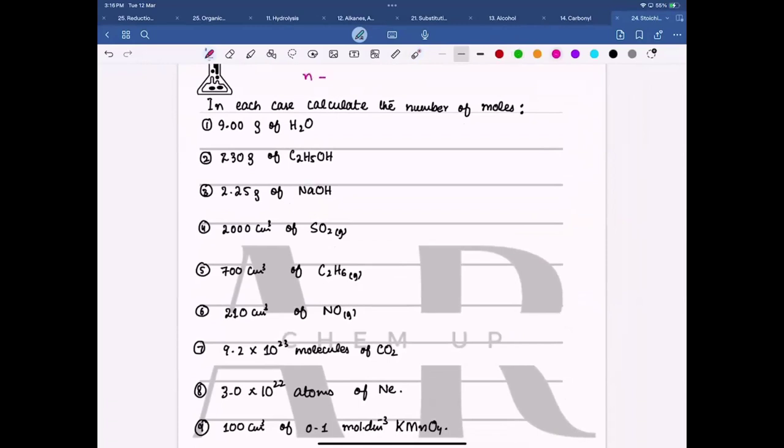For example, mole is equal to mass upon Ar or Mr. And then the other formula is mole is equal to volume of gas divided by 24 decimeter cube or 24,000 centimeter cube.